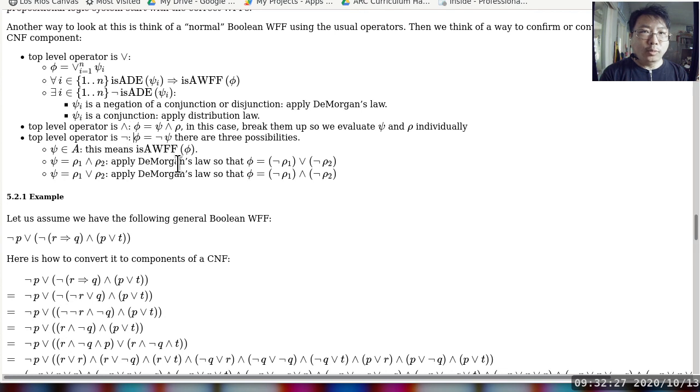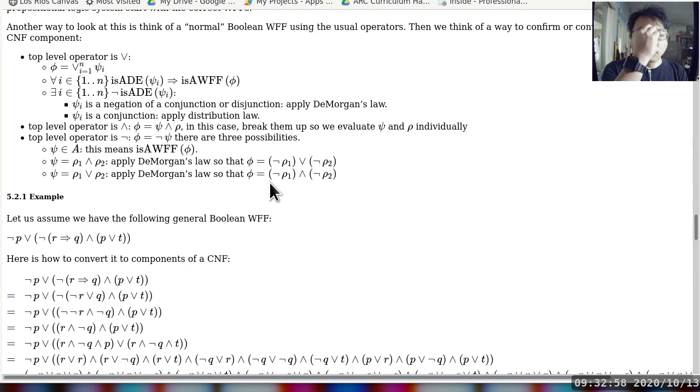Then we apply De Morgan's law. What if psi is an or? In other words, we have a negation of an or. Then we also apply De Morgan's law. Okay, and you can see how after we apply De Morgan's law, we still end up with a disjunction or conjunction, but the outer negation is now, quote unquote, distributed to the components of the original operator.